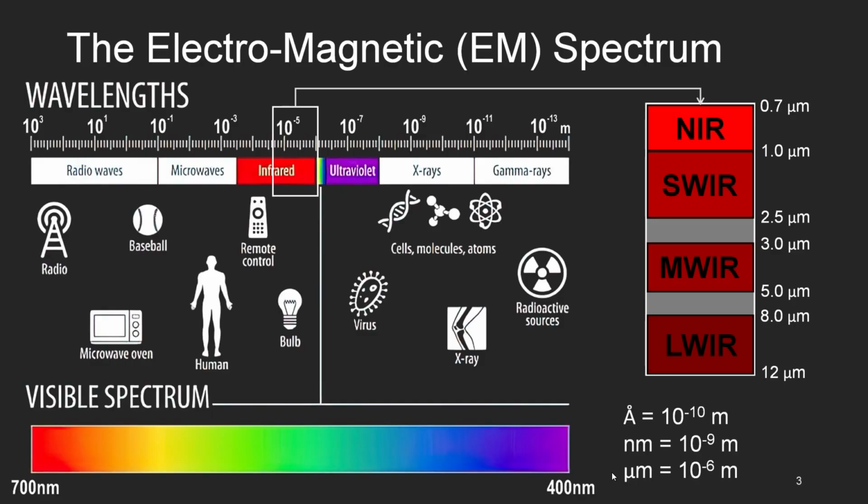Now, you may be wondering why in the subbands that I showed you a moment ago there are holes in the wavelength coverage here and here. The answer has to do with our atmosphere.